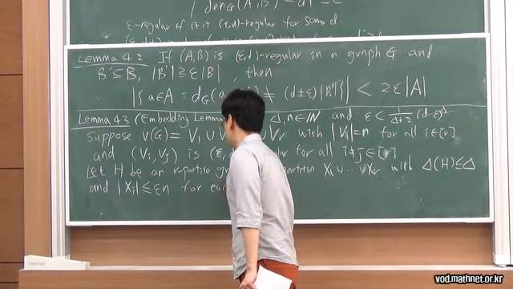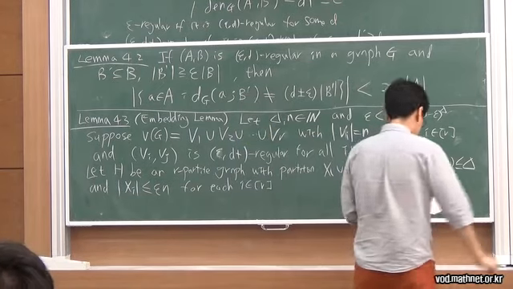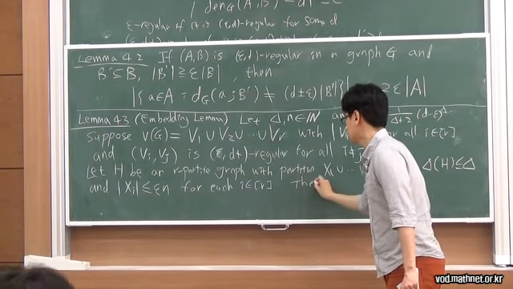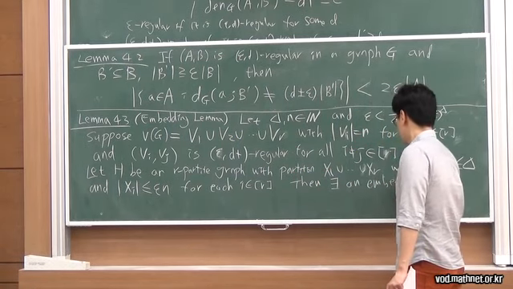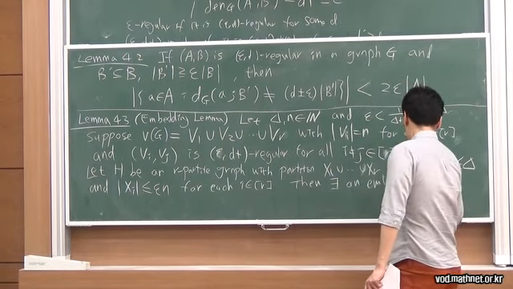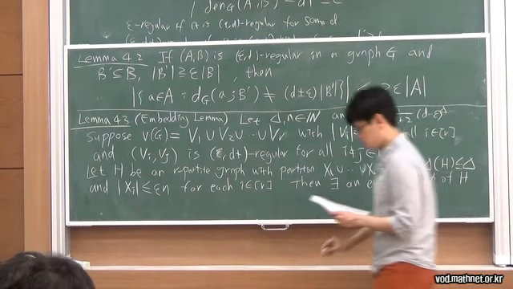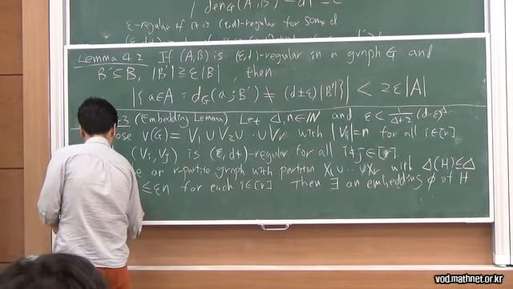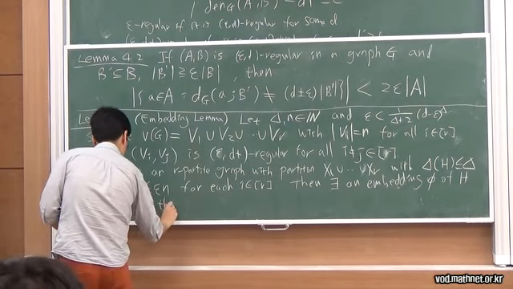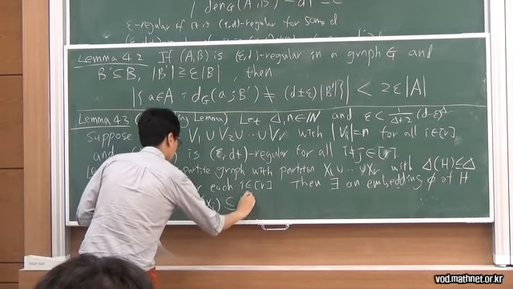For each i between 1 and r, there exists an embedding pi of H into G such that pi of x_i is a subset of V_i.